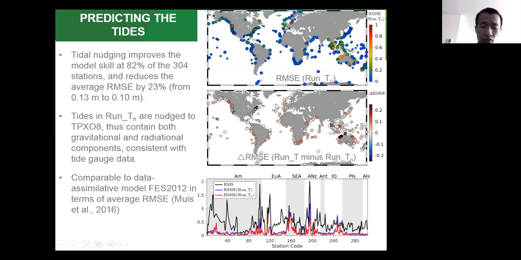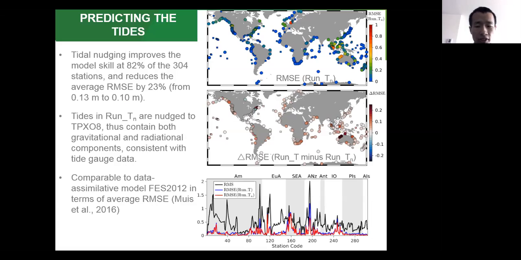Basically, the warm color indicates improvements by the nudging. In the bottom panel, we also draw the results by the station code. Overall, we found that tidal nudging improves the model skill at 82% of the 304 stations and reduces the average RMSE by 23%.